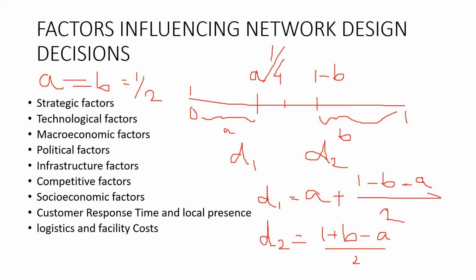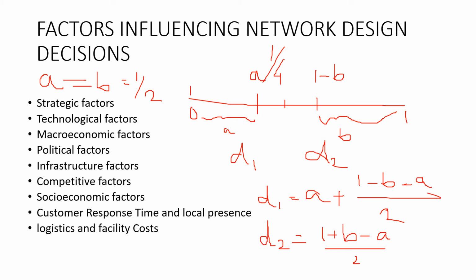If one of the organizations locates at 1/4 and the other at 3/4, the average distance customers have to travel drops to 1 by 8. This set of locations, however, is not an equilibrium because it gives both firms an incentive to try and increase market share by moving to the middle.